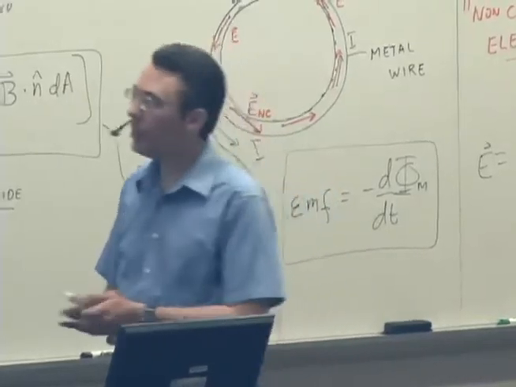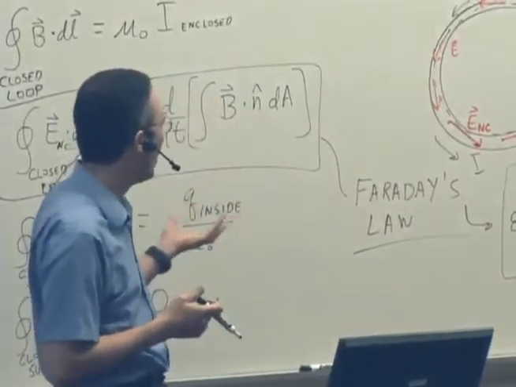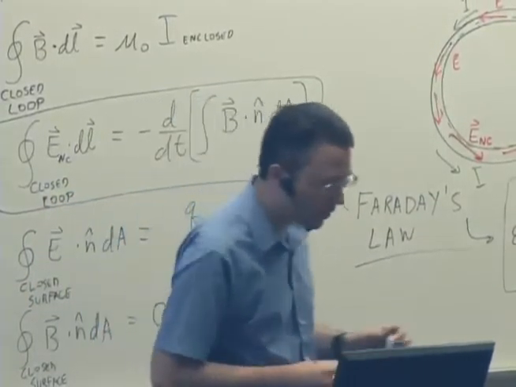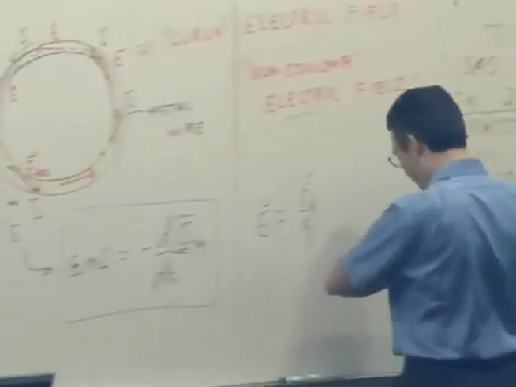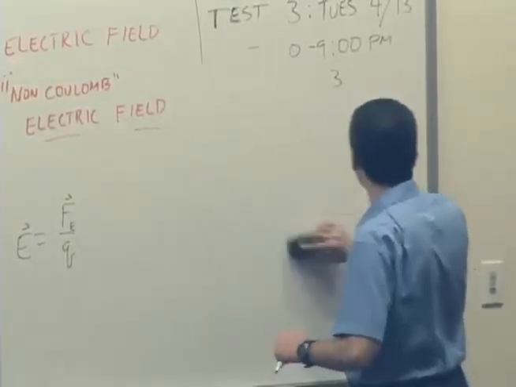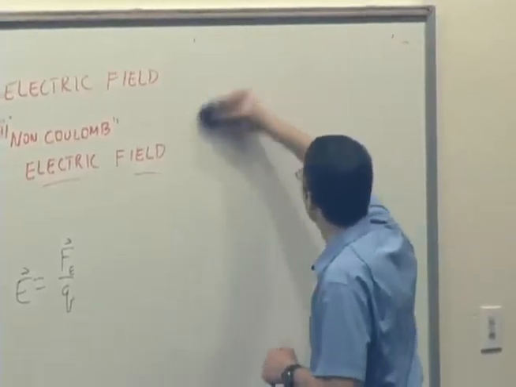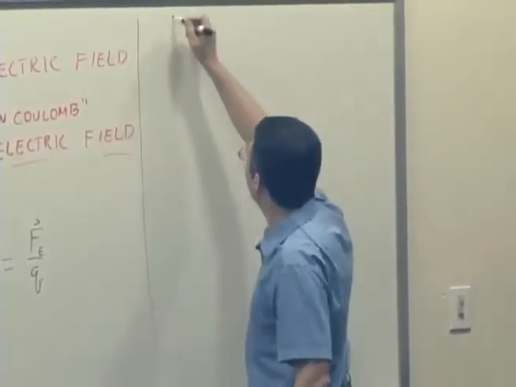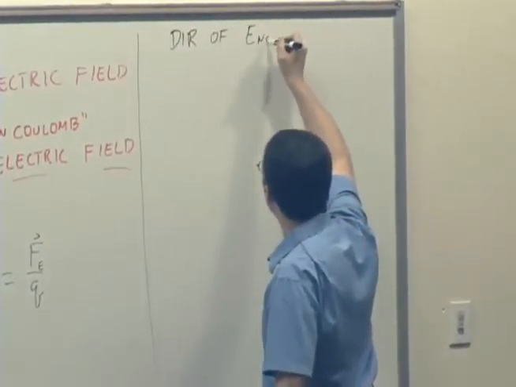We need to go through some steps in order to figure out how to get the direction of these electric fields that are created by changing magnetic fields. And there's a procedure we have to go through. So we're going to spend some time just talking about how to get the direction before we do any calculation on this. So, direction of this non-Coulomb electric field.